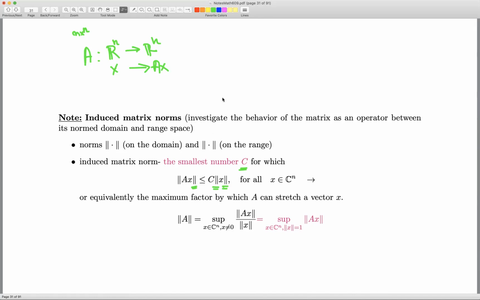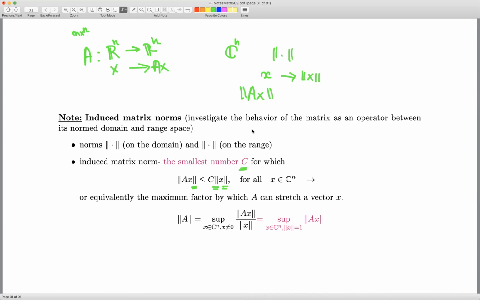Let me back up and say the following. I have in the space Cn my favorite vector norm, which for every vector x in the space Cn assigns a number, which is the norm of that vector. Then I look at the matrix A and apply it to the vector x. Once I apply it to the vector x, I will end up with another vector in Cn. I can apply this particular norm to that vector.